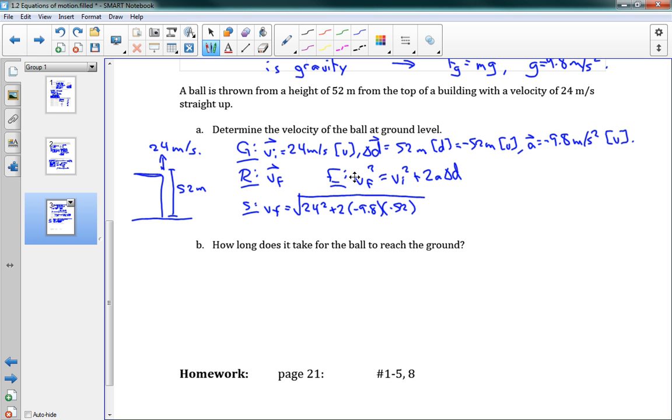Take the square root of all of this, and our final answer is 40 meters per second in a down direction. Okay, so that's what we're looking at.